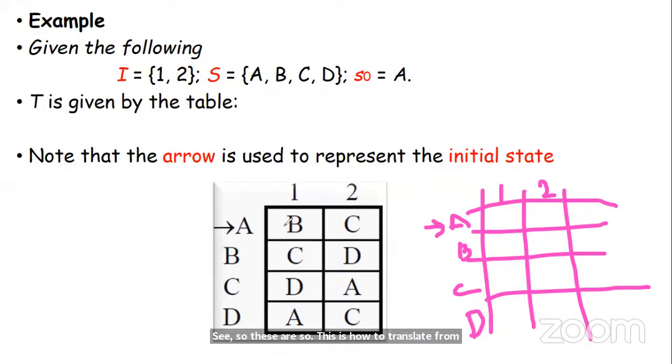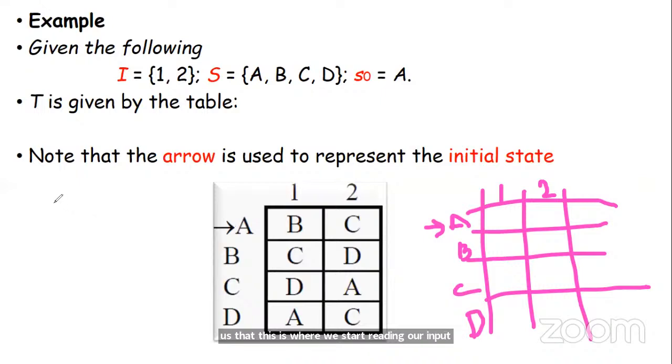So this is how the process of transition occurs. Now let's interpret this table together. This is telling us that this is where we will start reading our input symbol.